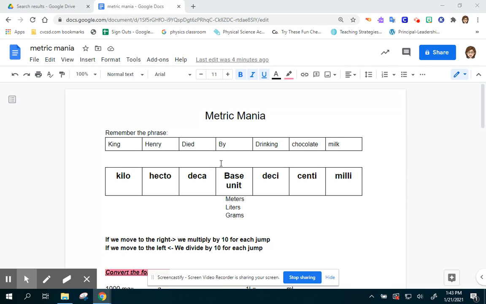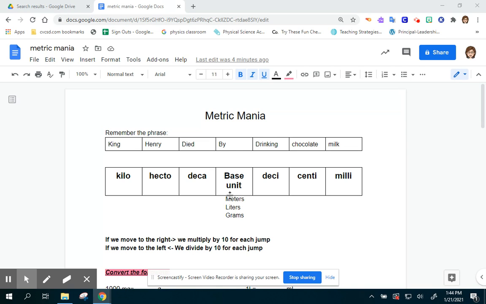When we look at the base units, what we're talking about is the metric system uses three main units. If we are talking distance, it's going to be meters. If we're talking volume, it's going to be liters. And if we're talking weight, it is going to be grams.